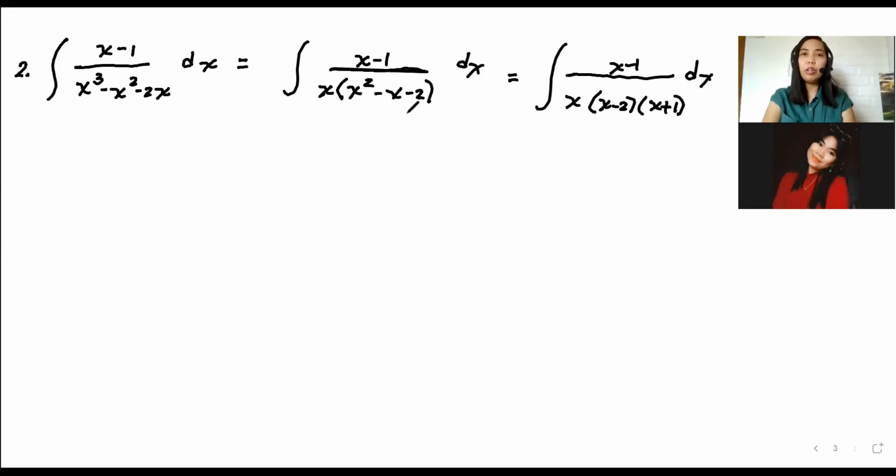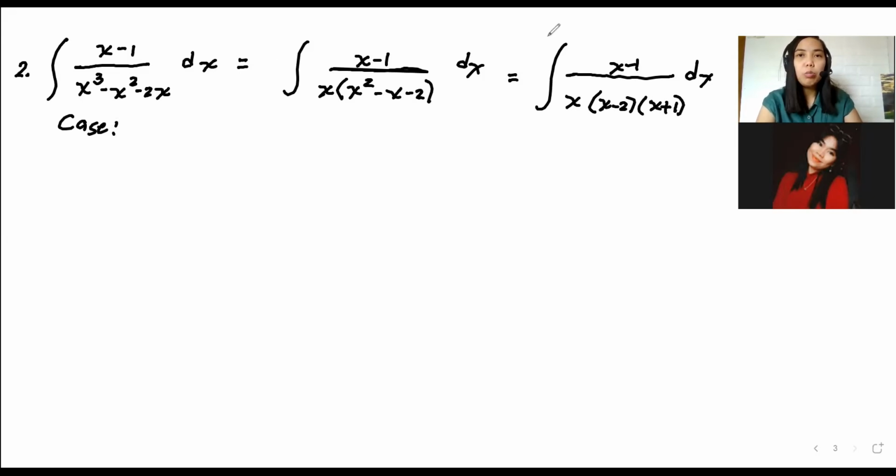When we factor x squared minus x minus 1, the factors are x minus 2 multiplied by x plus 1. So we can use case 1 because our numerator is linear, and the factors of our denominator are distinct, walang naulit or non-repeated.